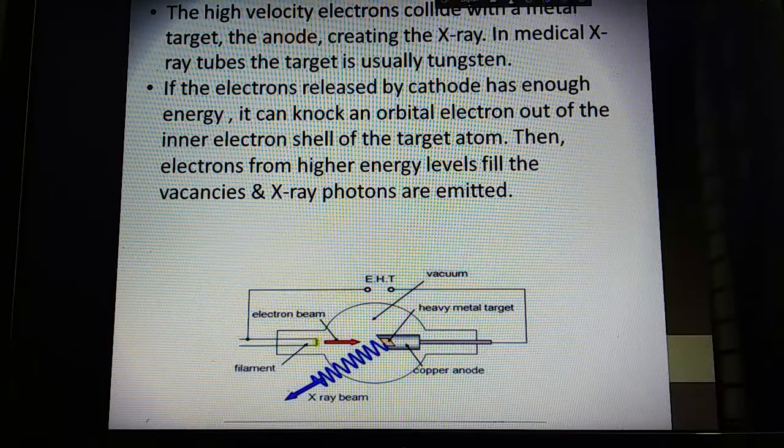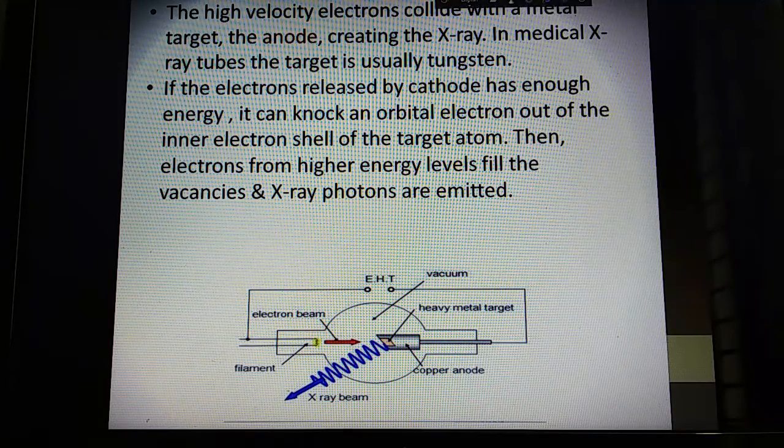So if we observe the diagram here, in an X-ray tube, two electrodes are used here. One is the cathode, another is the anode. Due to the high voltage difference, after passing electricity through it, the cathode gets heated, and due to this heat, many electrons are released from the cathode.